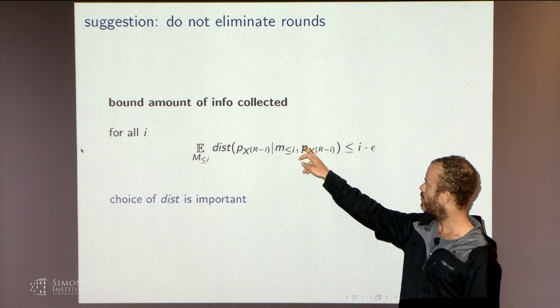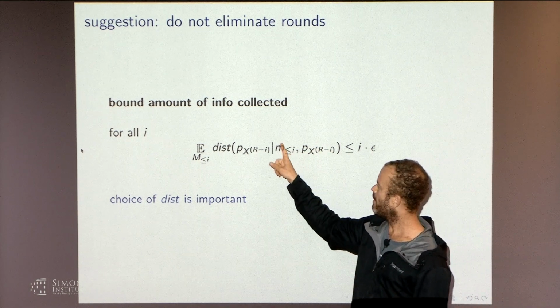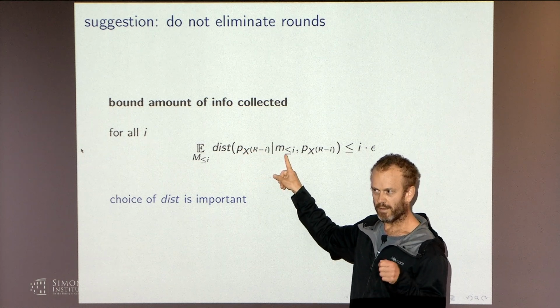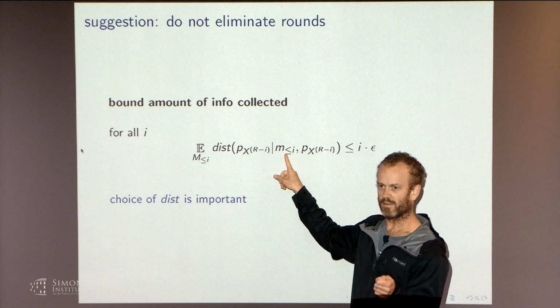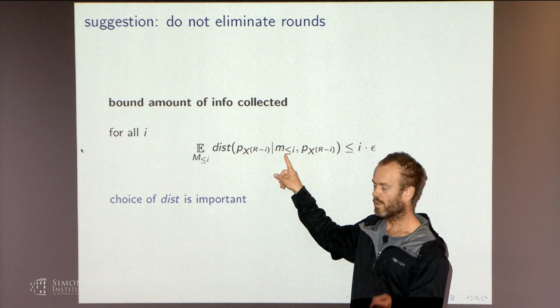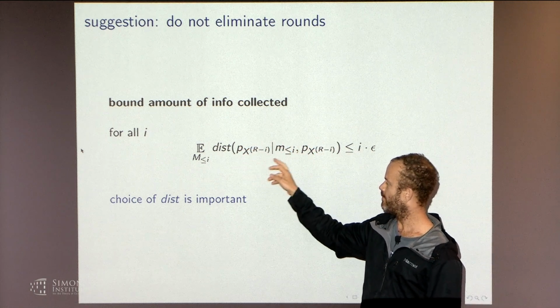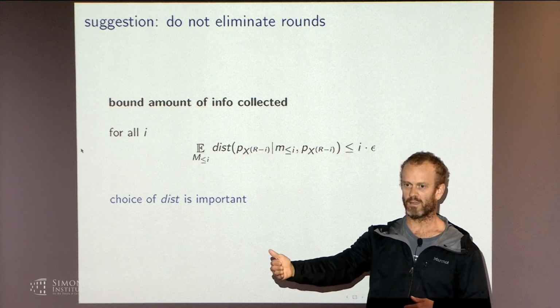This is this distribution. And compare it to the distribution on this thing when these messages were sent in these I rounds.